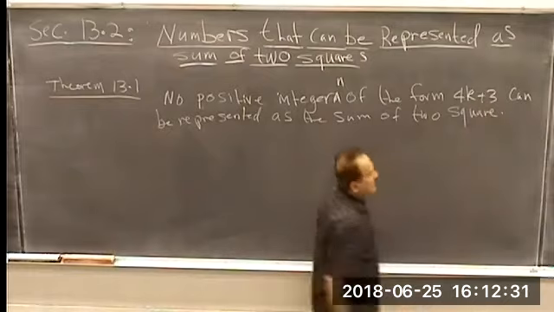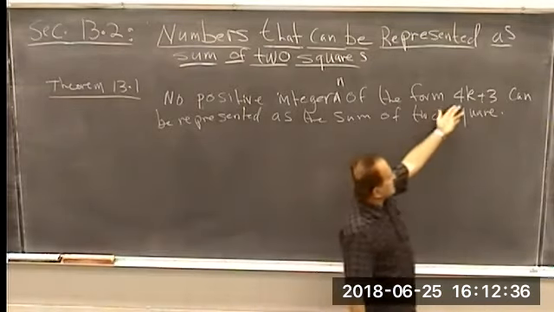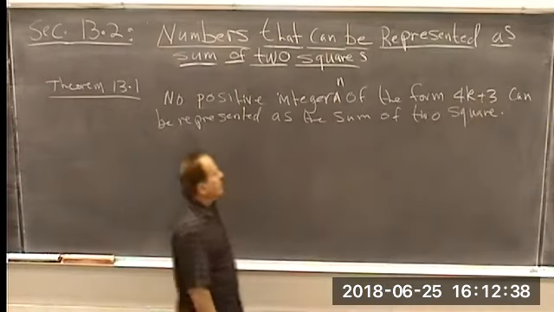For example, that's why 7 cannot be represented as a sum of two squares, because 7 has this form.